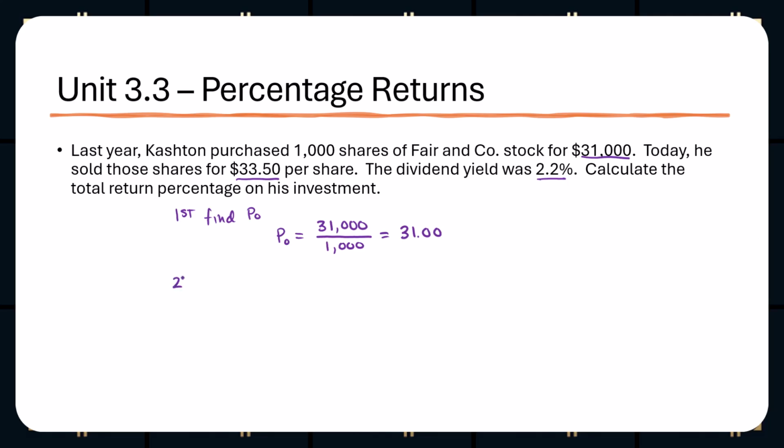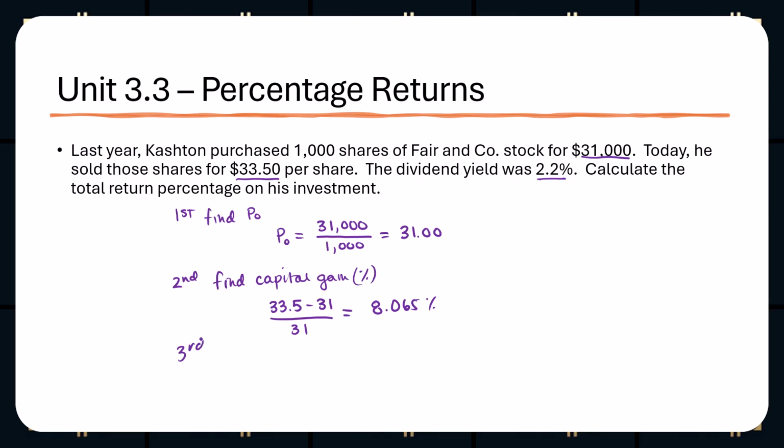The next thing we're going to do is find the capital gain percentage. The capital gain percentage is the price he sold it for minus the price he paid for it, all divided by the price he paid for that investment. That comes out to 8.065%.